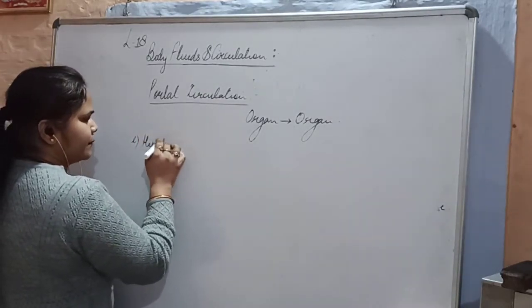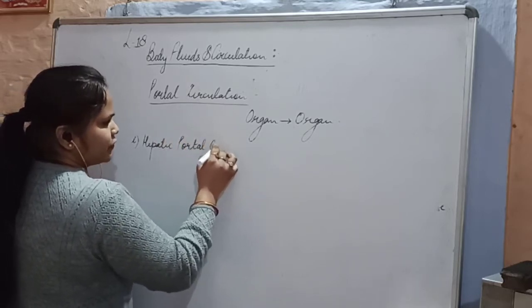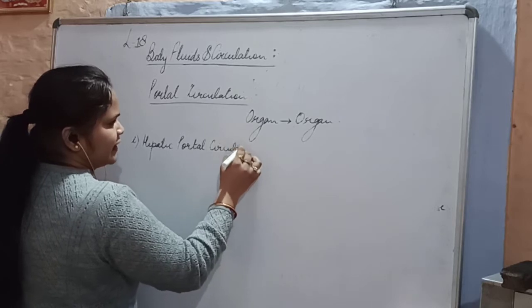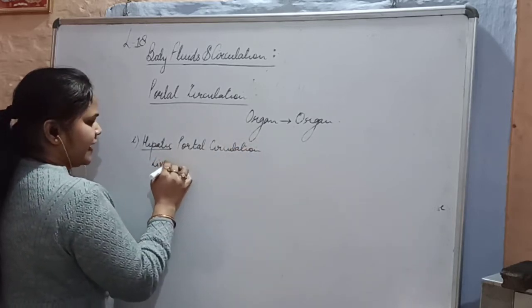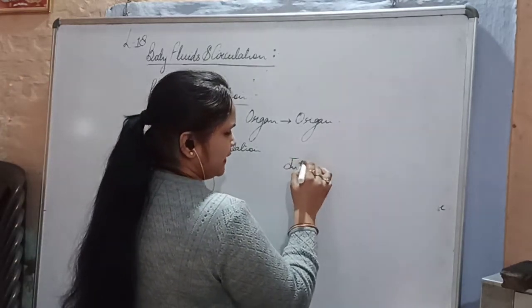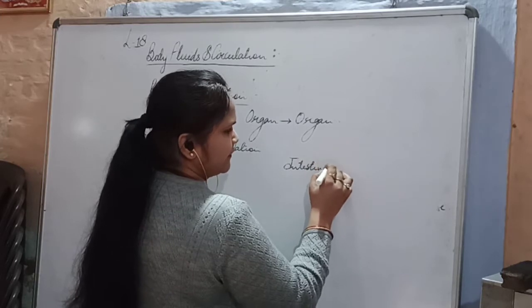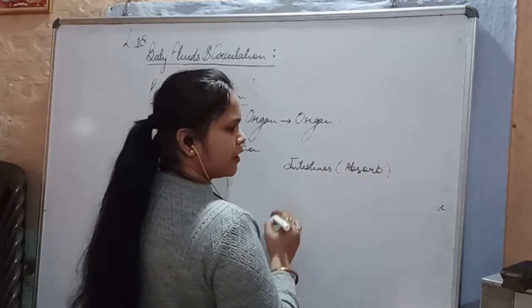First is the hepatic portal circulation. From the name we can judge that it is related to the liver. As you all know, when we digest the food, it is the intestines which are going to absorb everything.